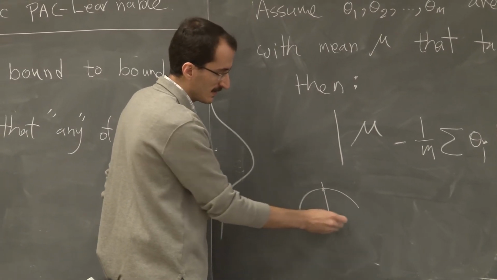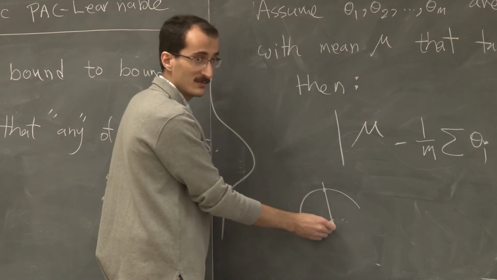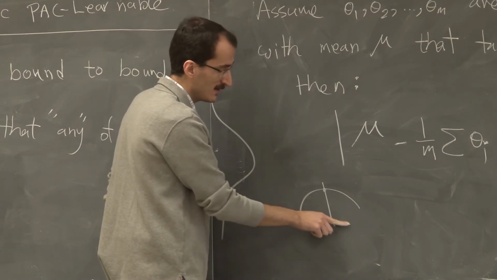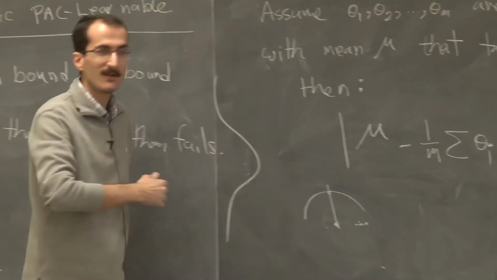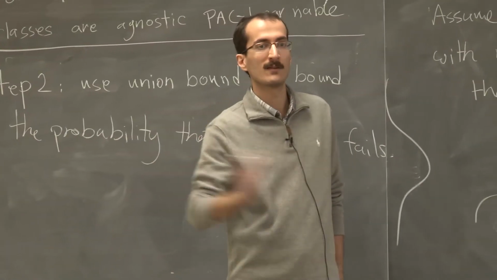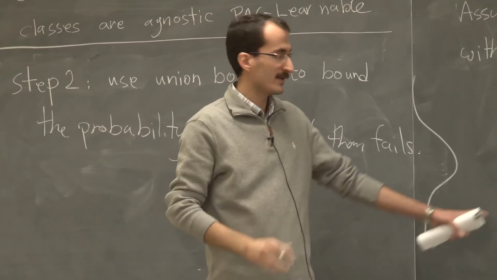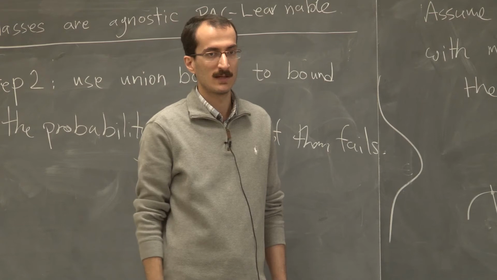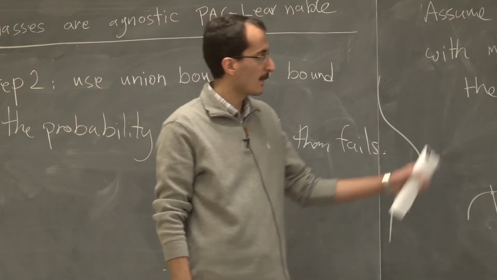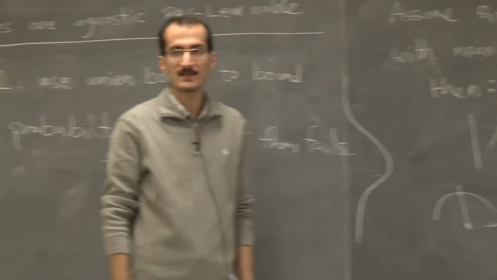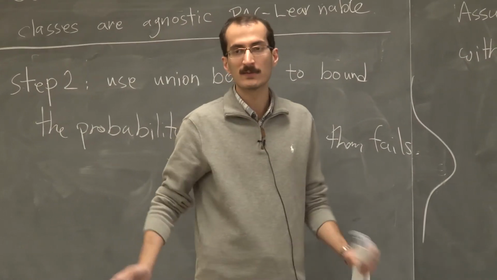You generate some examples, and the average will be close to its true value. But sometimes, maybe out of luck, you generate some examples that are all on one side. Then your average will not be accurate at all. So you cannot say that the true average and empirical average are close, but you can say that with high probability they are close.